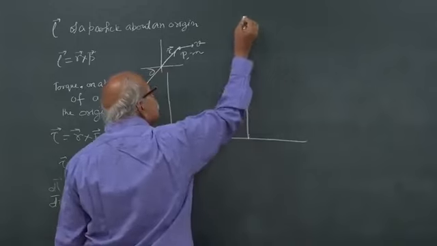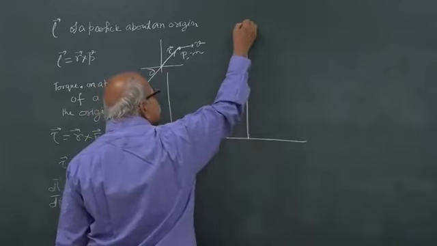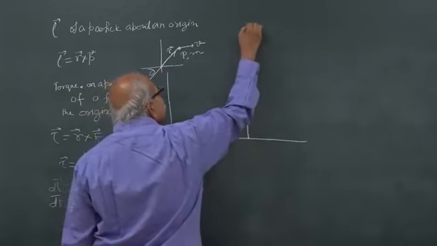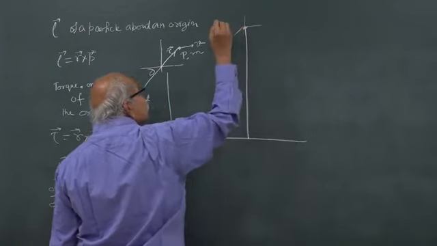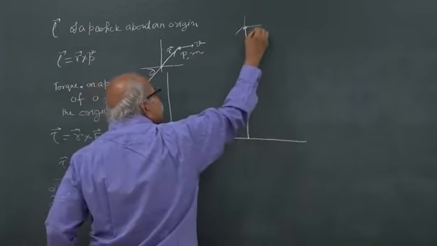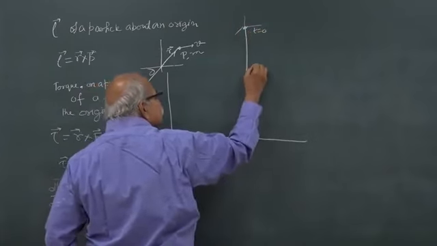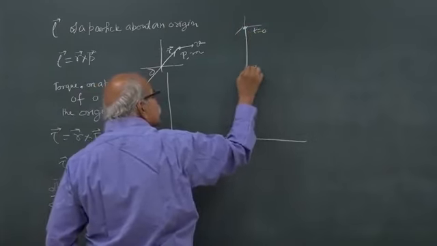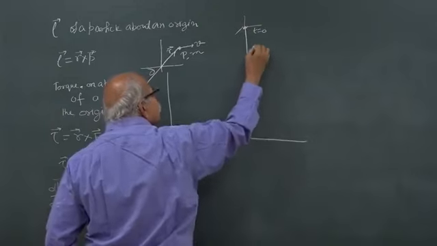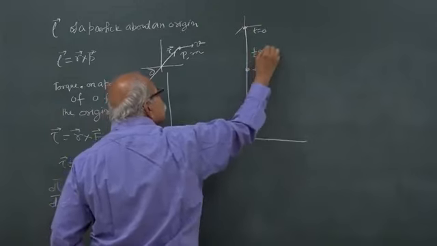It is dropped from here, and we can take the origin right here, and then x axis, y axis, and z axis, and if this is time t equal to 0, at a certain time t, it will be here. So, this is at time t, and this distance is half g t squared.